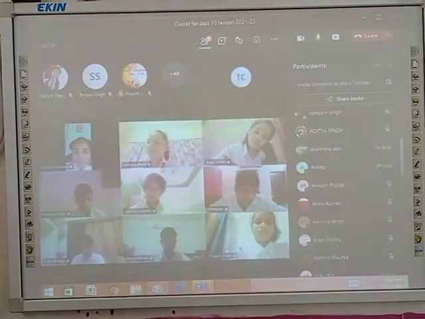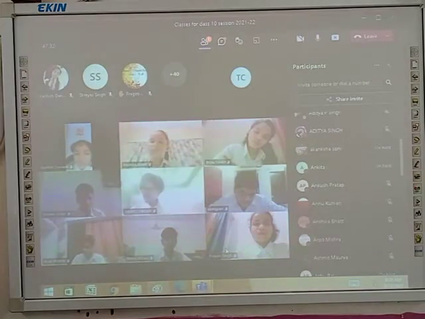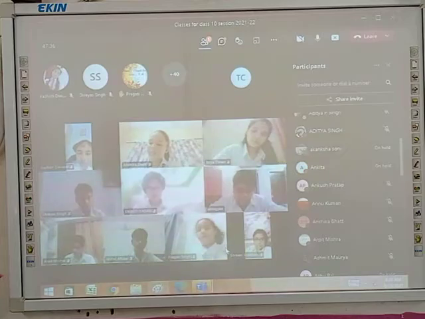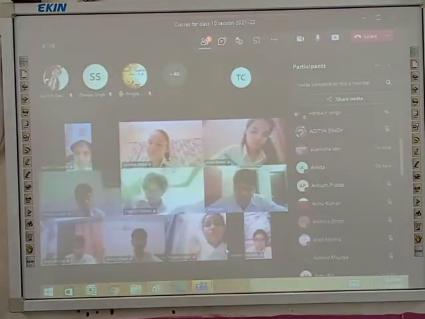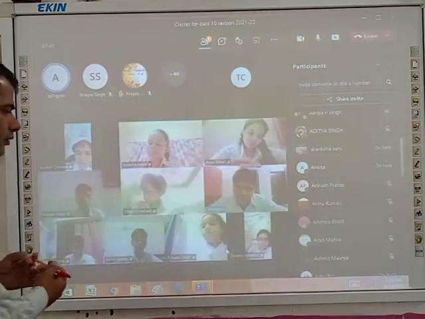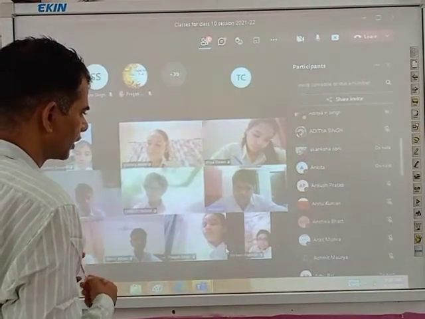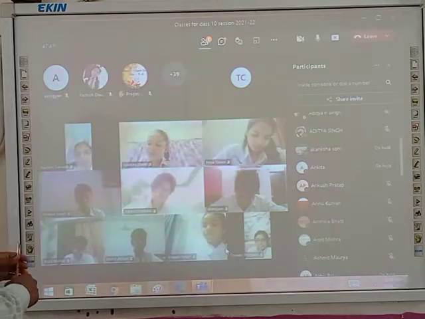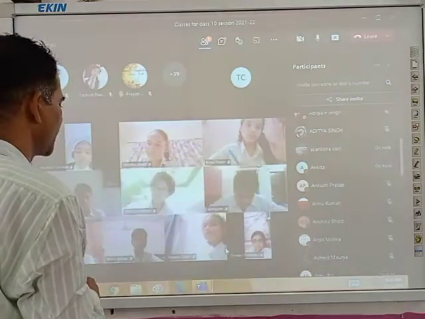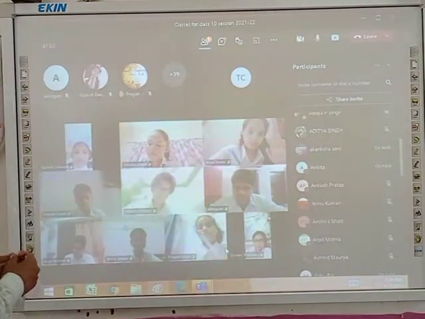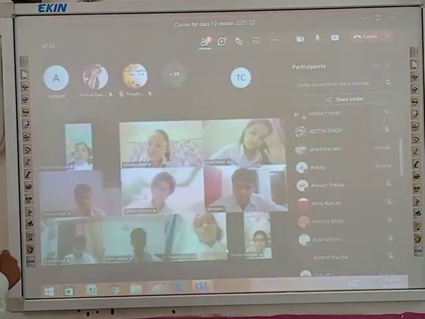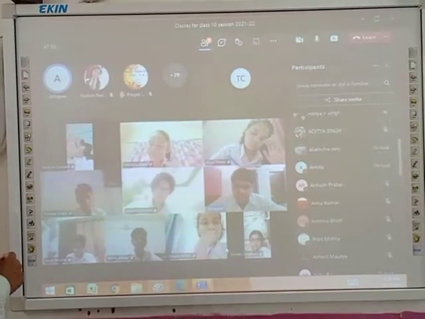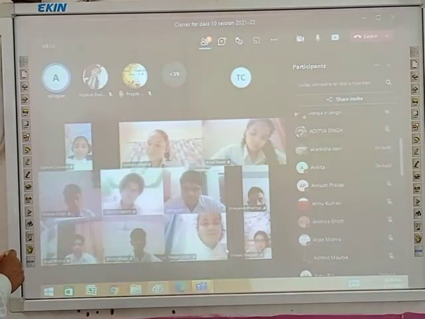Abhinyan, how can we find out the base of a right angle triangle? In a right angle triangle, perpendicular and hypotenuse are given, and we have to find out the base. Hypotenuse square minus perpendicular square?